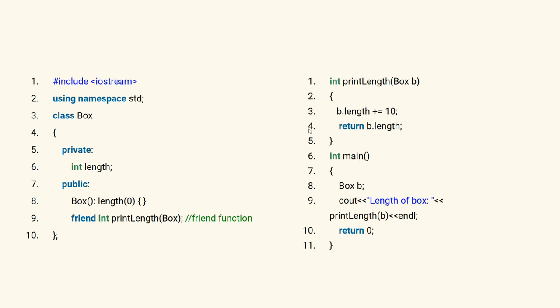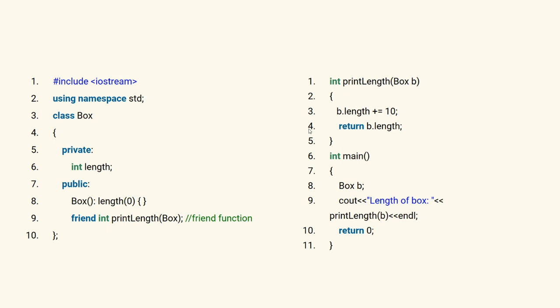After that we wrote another function, int printLengthOfBox with Box b as parameter. In that we wrote b.length += 10, and we are returning the length of b.